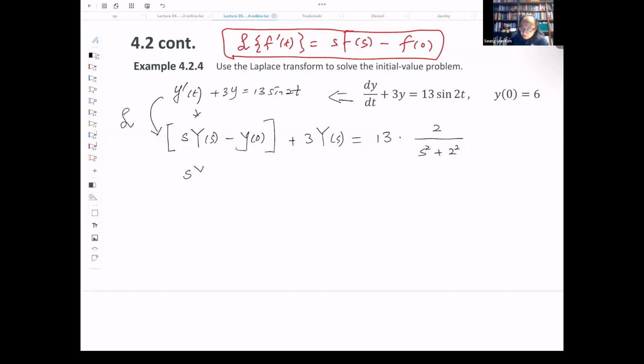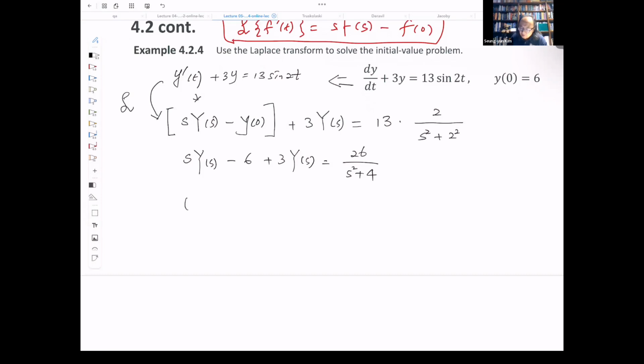Then s capital Y of s minus y of 0, which is 6, plus 3 Y of s equals 26 over s squared plus 4. I'm going to factor out Y of s. So we have s plus 3 times capital Y of s equals, the rest we're going to move to the right hand side, 26 over s squared plus 4 plus 6.